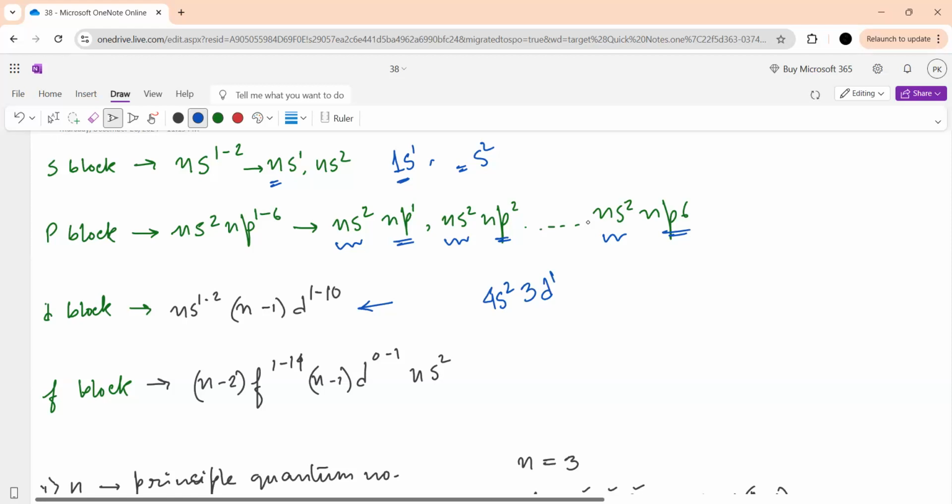This is what you got for scandium, the last part. So you see, if n is equal to 4, then n minus 1 will be 3, so d can be d1 to d10, d1, d2, d3, anything. We got 4s2, 3d1, right? Yes, ma'am. These are the general configurations of the periods. Fine? Yes, ma'am. Okay.